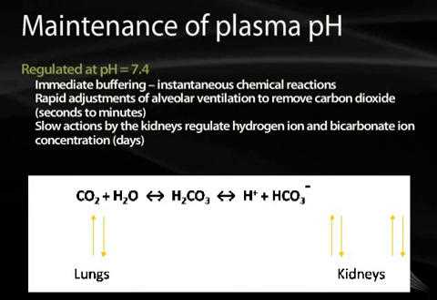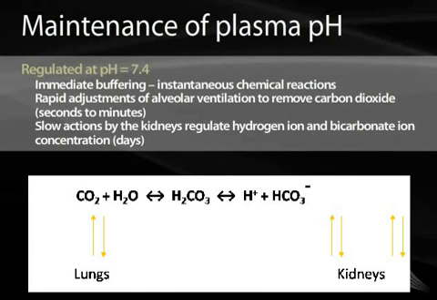As we have said, regulation of pH occurs by three mechanisms. Immediately, there is buffering, which is essentially an instantaneous chemical reaction that modulates small changes in hydrogen concentration so that they have very little effect on pH. There is also a rapid adjustment of alveolar ventilation to either remove carbon dioxide or retain carbon dioxide, depending on whether acidemia or alkalemia predominates.